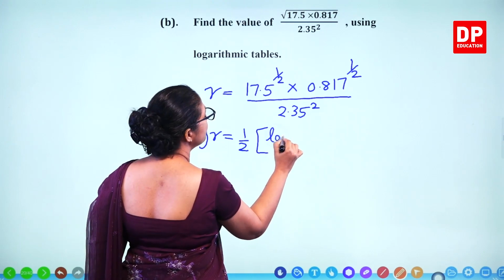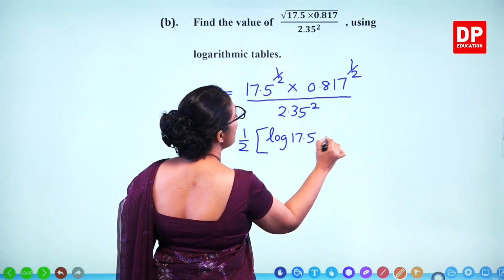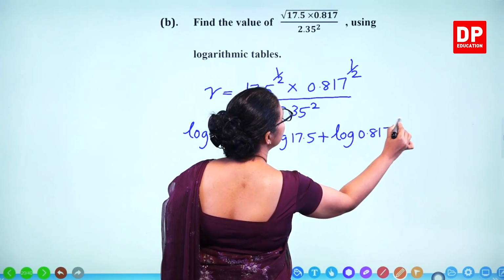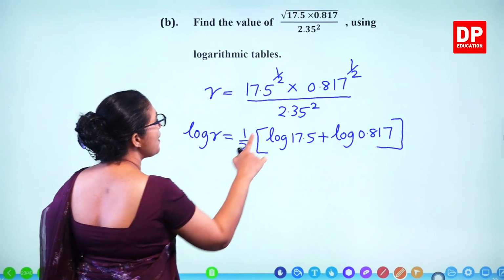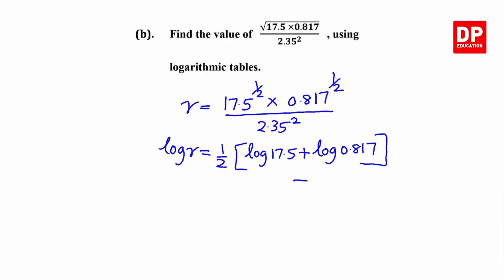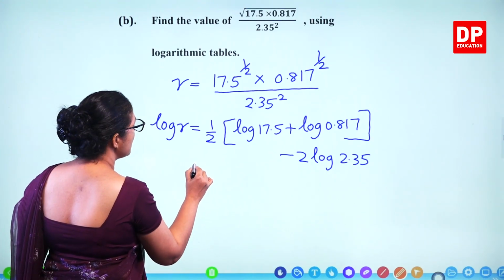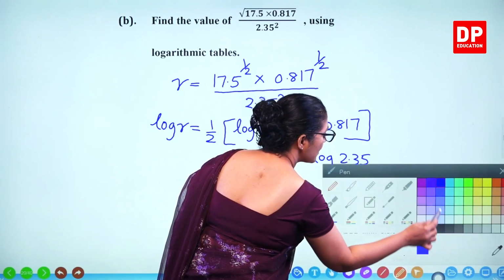Log of 17.5 plus log of 0.817, and then minus 2 log 2.35. Now we have to use the logarithmic table.